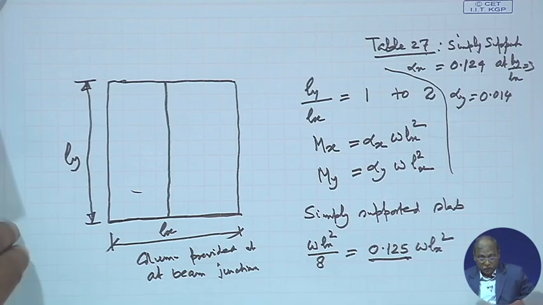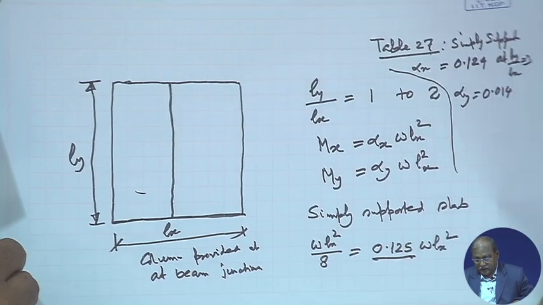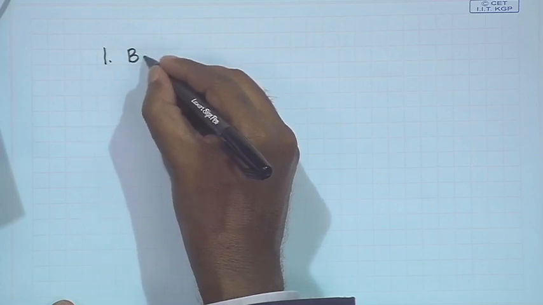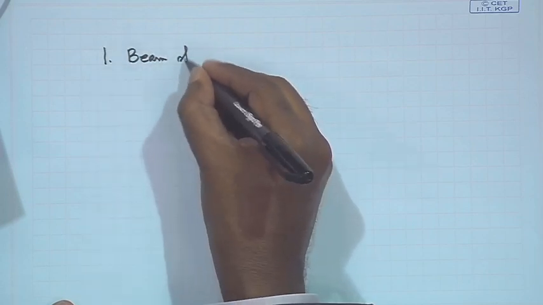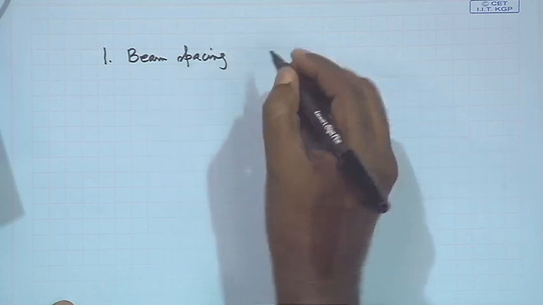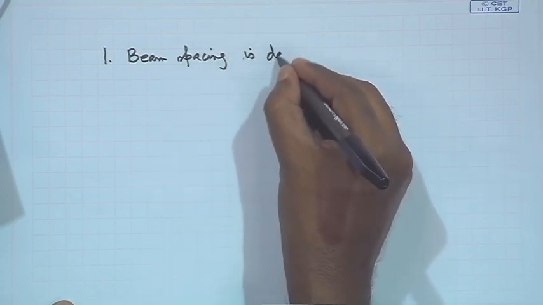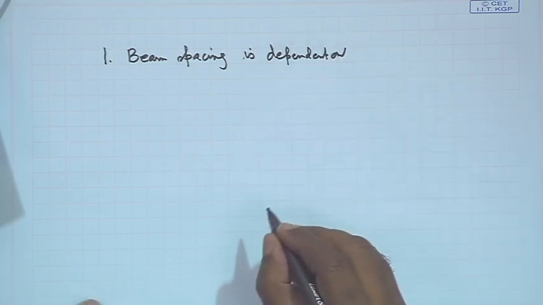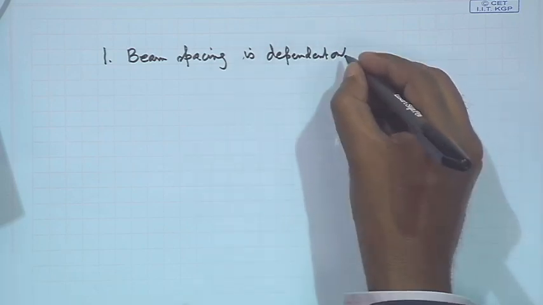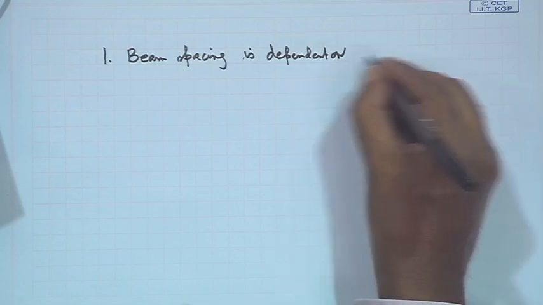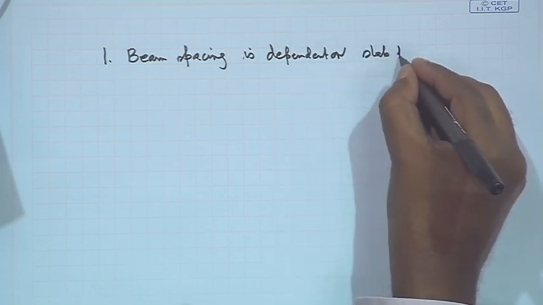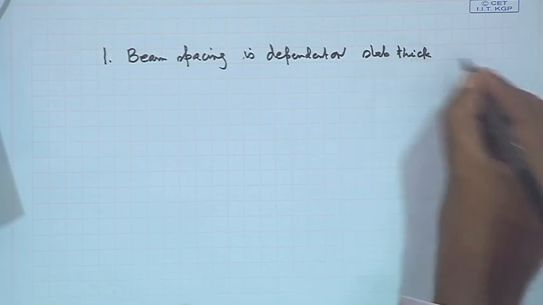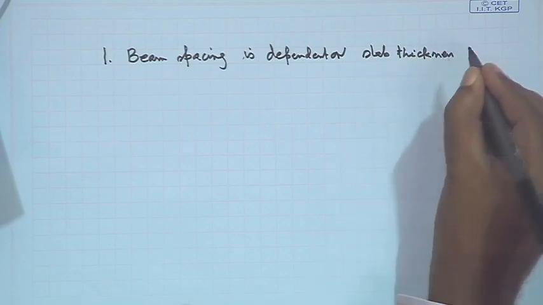So our guideline here, number 1, beam spacing is dependent on slab thickness. We never go beyond a certain value.